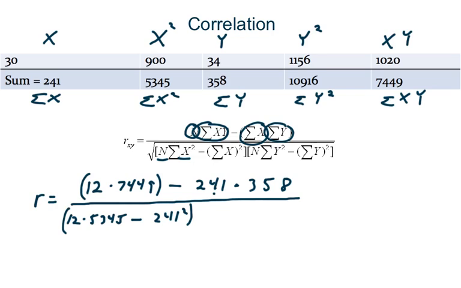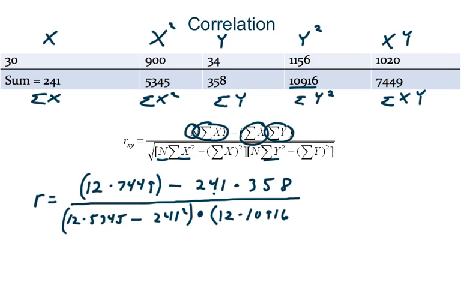Okay, that's part one. And then we multiply. This is an important thing. Don't subtract, but we multiply, doing the same thing with the y variable. We take n, which was 12, times the sum of y squared, which was 10,916.